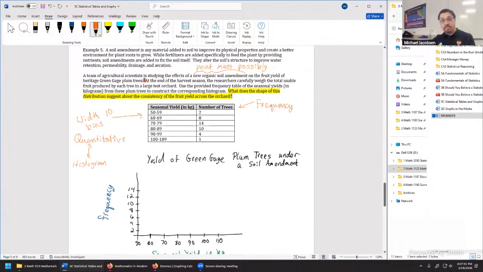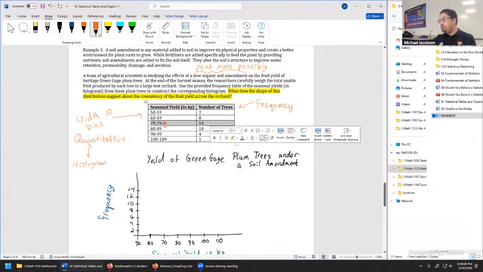What they did was at the end of the harvest, they measured how much each one of these plum trees yielded in terms of the plum fruit in kilograms. So any one of these rows in the table here would say, for example, 14 different trees yielded between 70 and 79 kilograms of plums. So we really have a lot of data, and these data have already been summarized, binned into these categories.